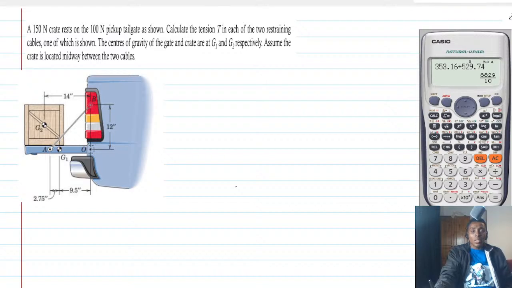Alright. So now, the centers of gravity of the gate and the crate is J1 and J2 respectively. Assume the crate is located midway between the two cables.